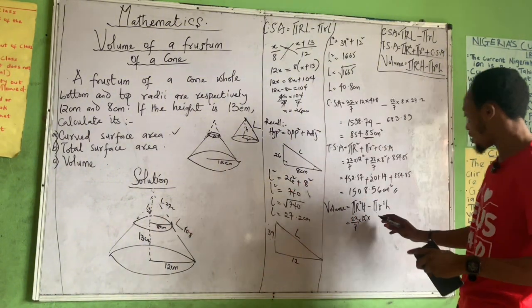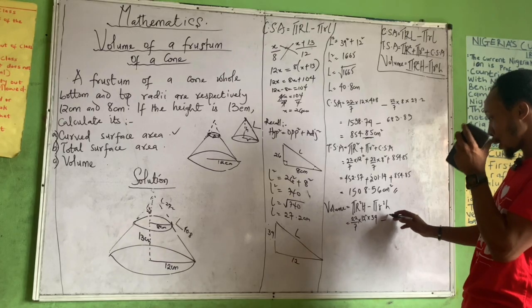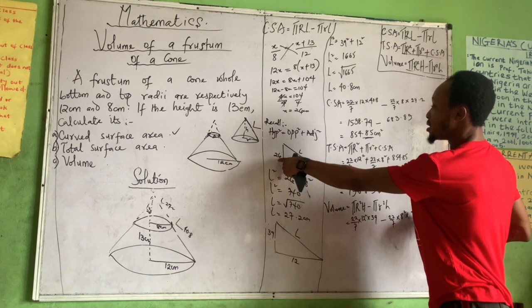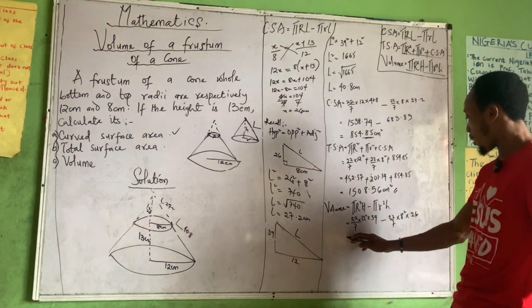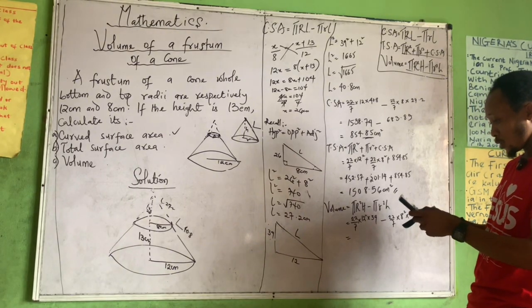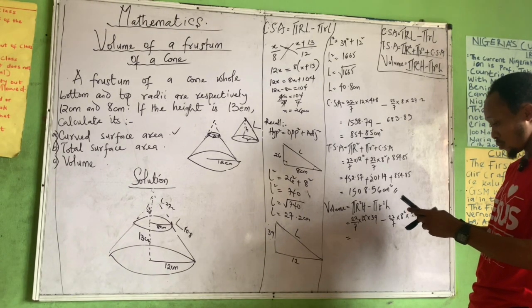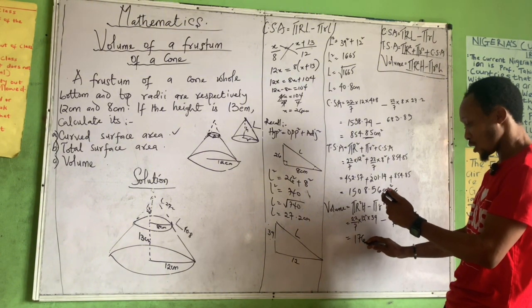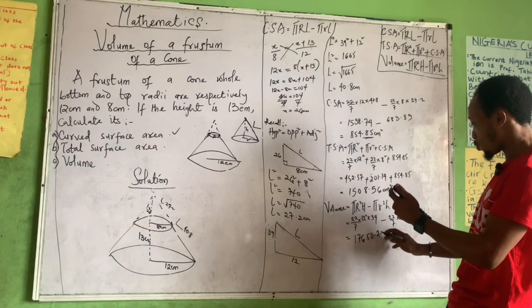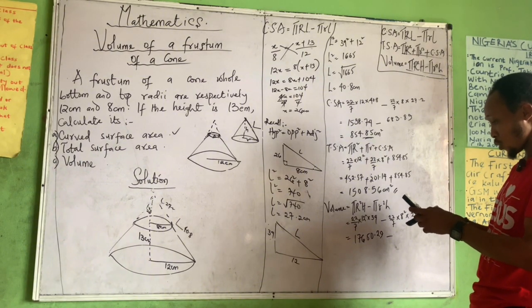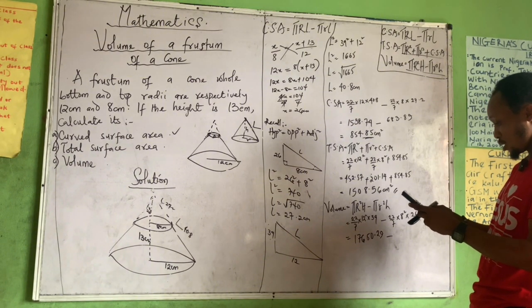Yes, our big height is 39, minus 22/7 times 8 square times our small height, which is 26. That's the small height there. Now let's punch this also. We have 22 times 12 square times 39 divided by 7. So we have 17650.29 minus 22 times 8 square times 26 divided by 7.